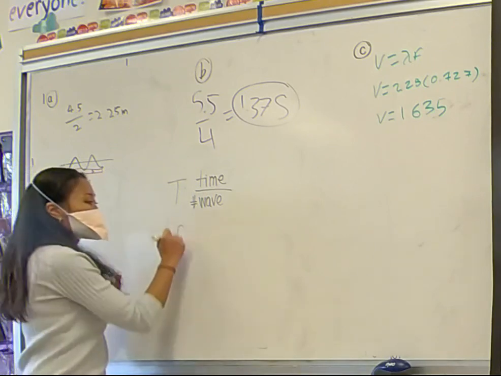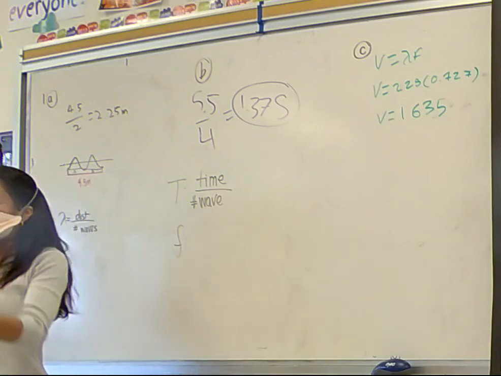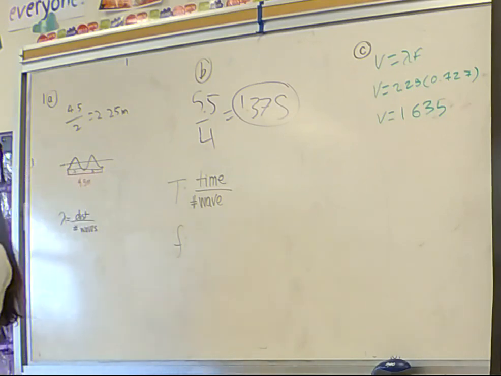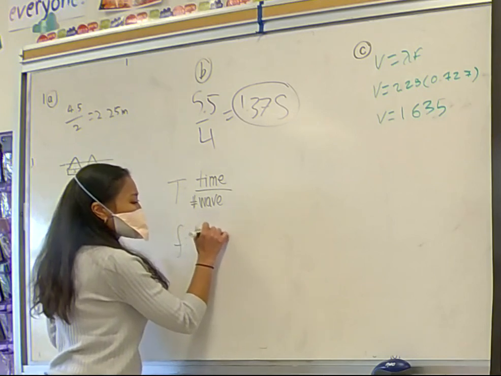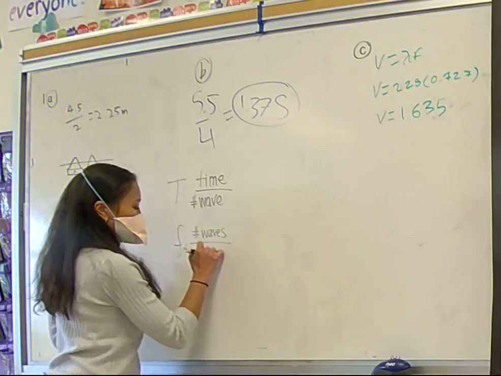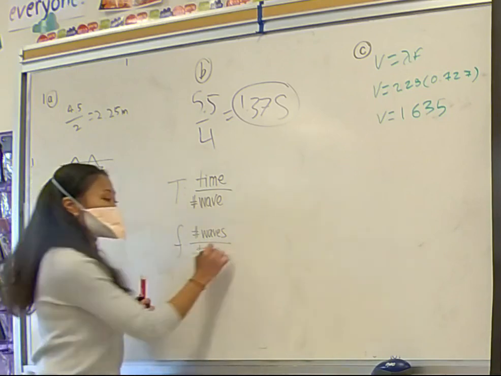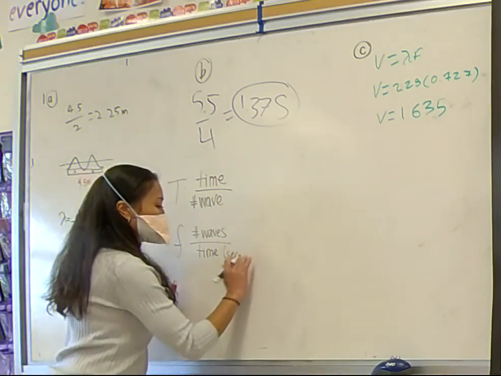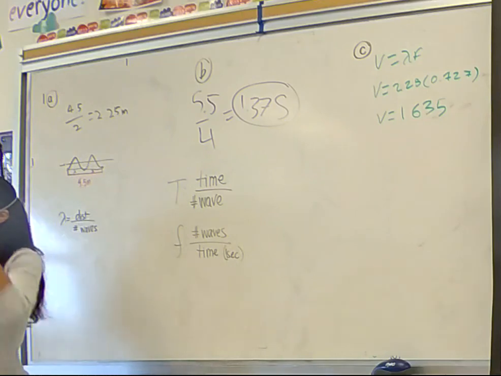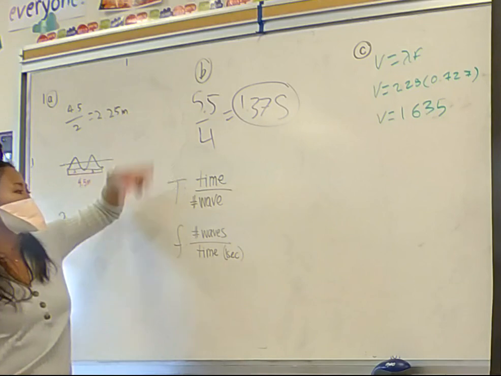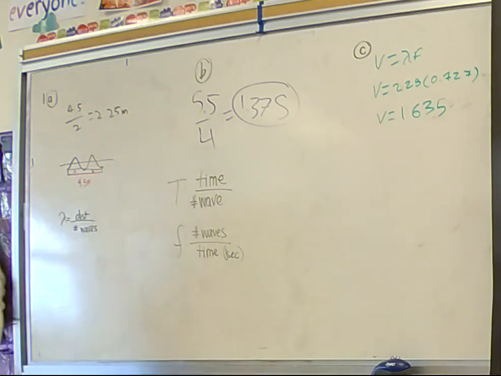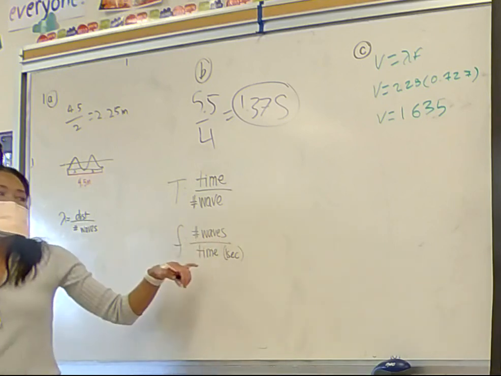The frequency is the inverse of that. How frequent that wave, or that cycle, or that event happens. So it's number of waves over time. And that time is 1 second. So if you divide the number of waves, which is 4, by the amount of time, then you would get the amount of waves in 1 second.